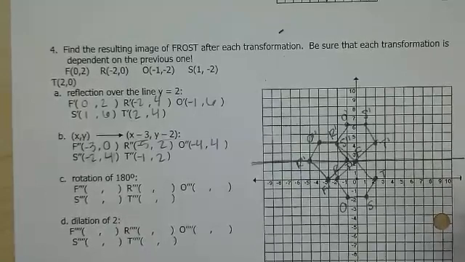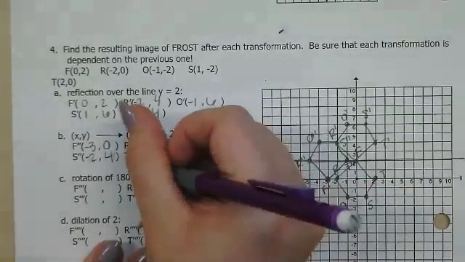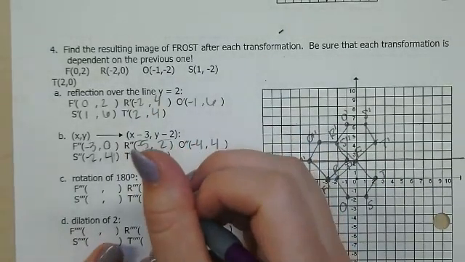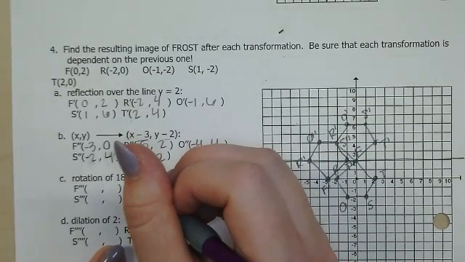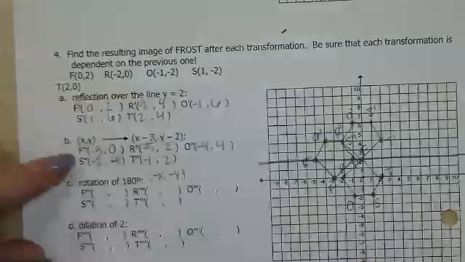Okay, and then C. C says to rotate 180. What's my rule for rotating 180? What do I change about the coordinates? We change the signs. So it's going to become opposite signs of the points I just had.